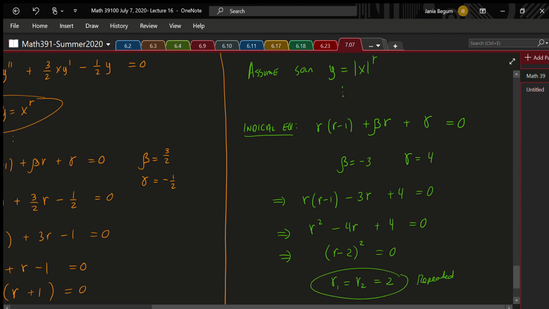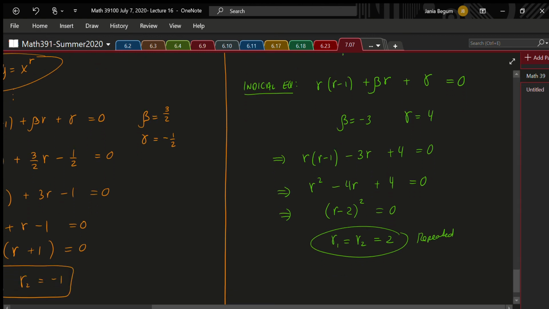Okay, so let's write out the solution. We know the solution is going to be x to the r1 plus x to the r2 times ln of x. So our solution is going to be y equals c1 x to the 2 in absolute value, plus c2 x to the 2 times ln of x. That's the solution.